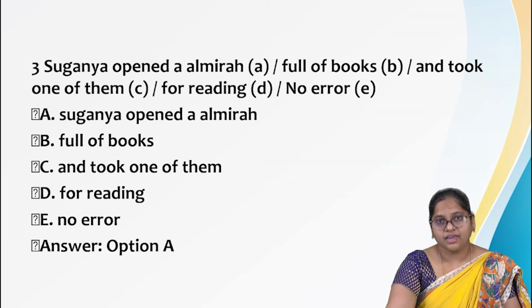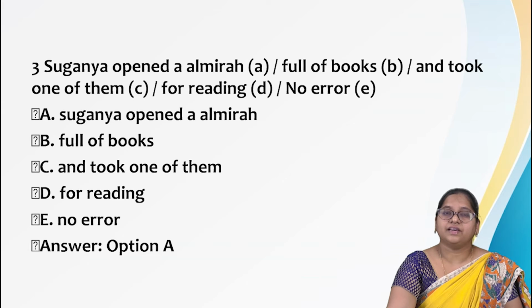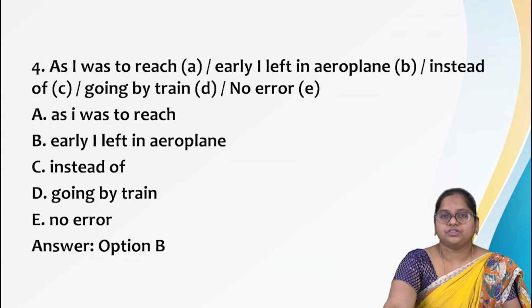So option A is wrong, and you can spot option A as the error here, and you can write the right answer. Next, "As I was to reach early, I left in aeroplane instead of going by train." No error.